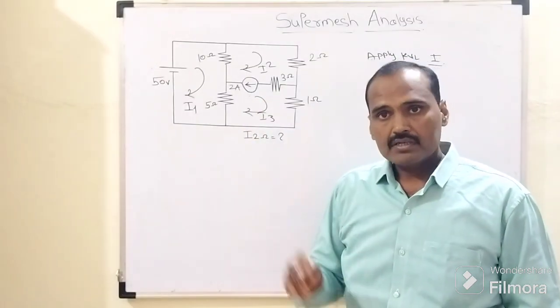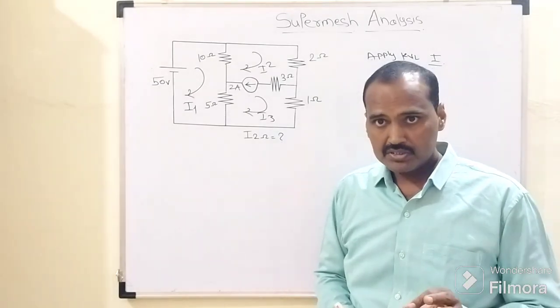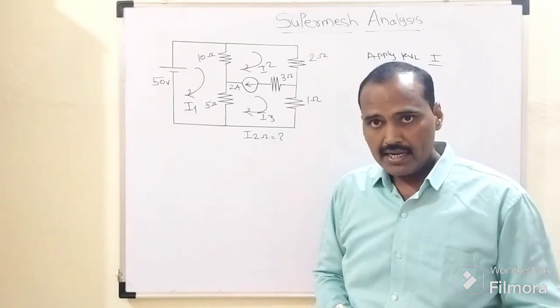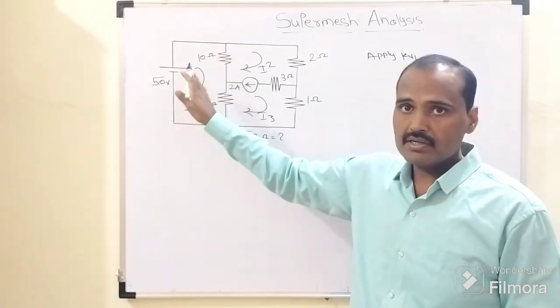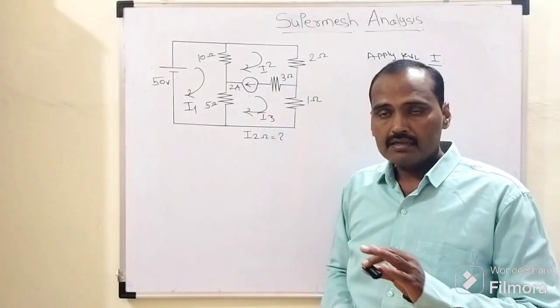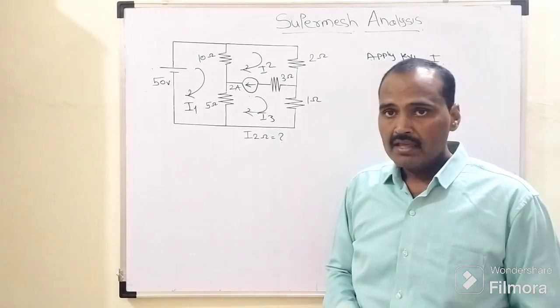But these two are independent energy sources because they do not depend upon any particular element, current or voltage present in the circuitry. That's why these two energy sources are called independent.